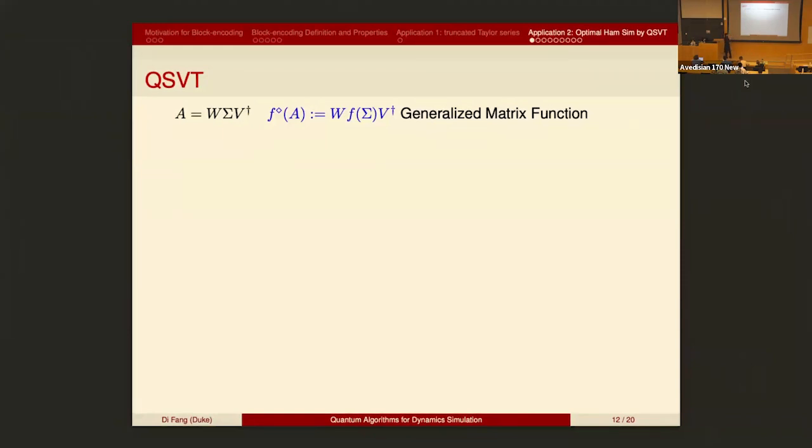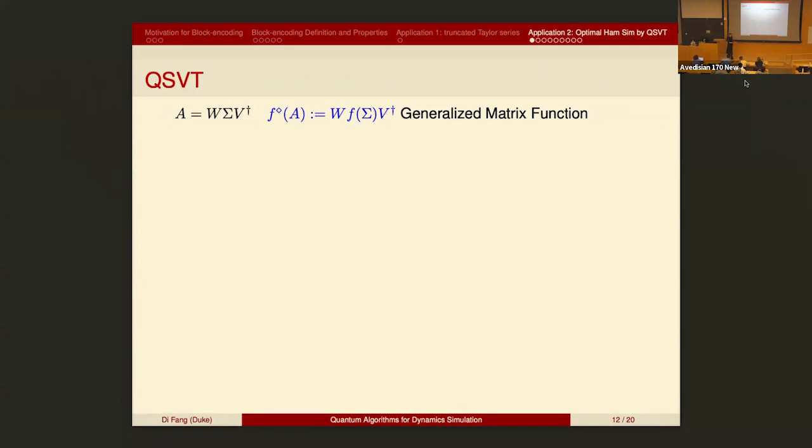Does it mean I have to figure out what they are in order to implement the QSVT circuit? No, you don't need to know that. As long as you know formally there exists something, QSVT is essentially a circuit black box. You just shove it in, and it will give you a polynomial of it. You don't need to know exactly what these singular values are, every single component. That's the amazing part. So I'm going to define the general matrix function, which changes the middle part.